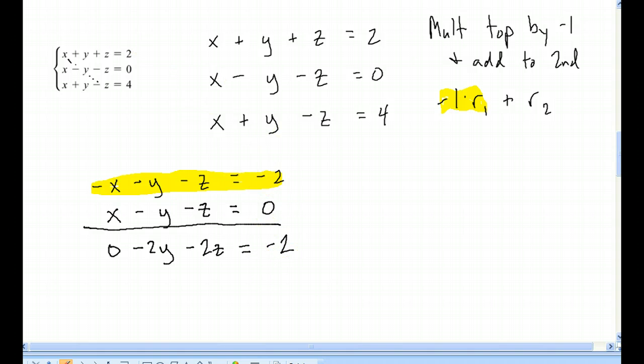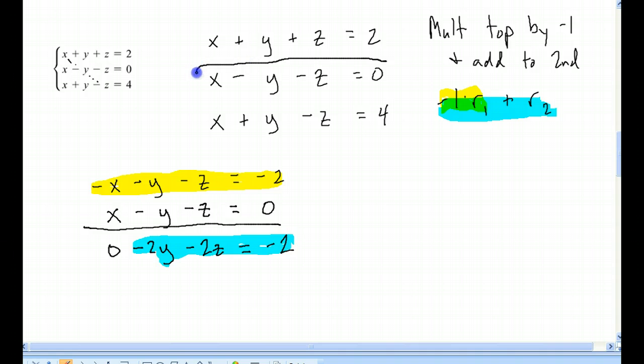Now this bottom row right here, I'm not going to include the 0 since 0 doesn't add anything to this. But this whole thing is R1 times -1 plus R2. Now what we do with that is we replace the second row with it.